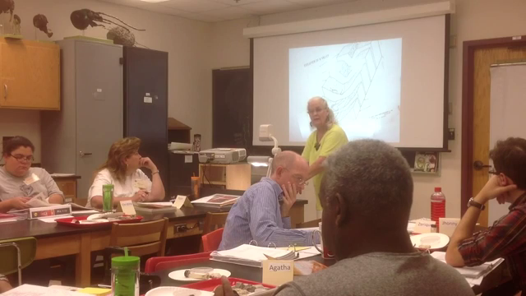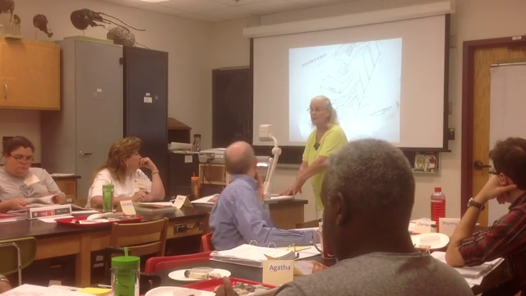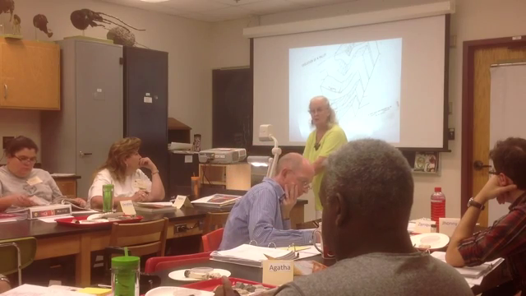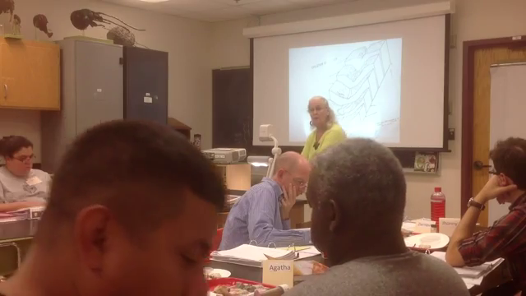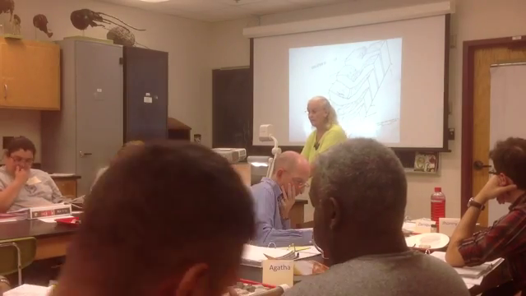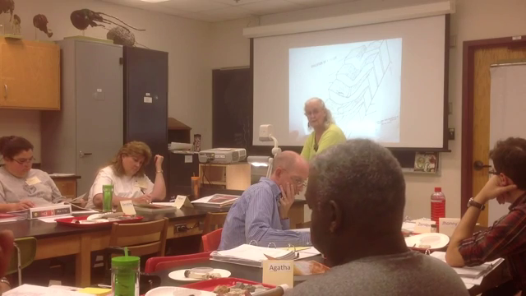And way off out here would be the real fine stuff, the stuff that can just be carried in suspension for great distances. So this delta is sorting those sediments out. If you noticed on your deltas, you saw the bigger gravel collect first, up at the top of the delta, the fan-shaped thing. But the little bitty fine stuff made it all the way down to the end, okay?